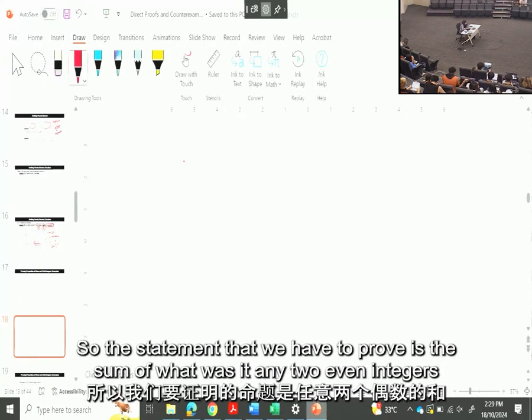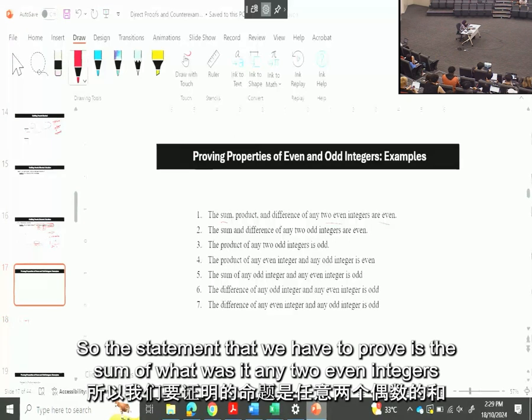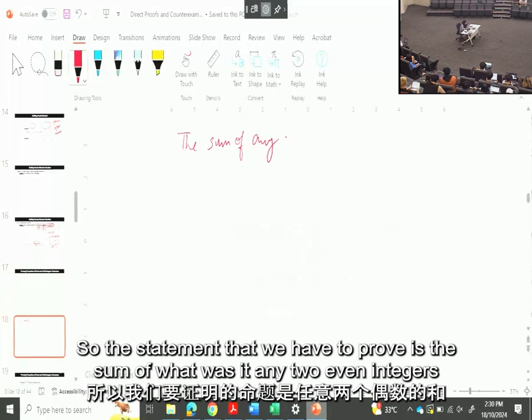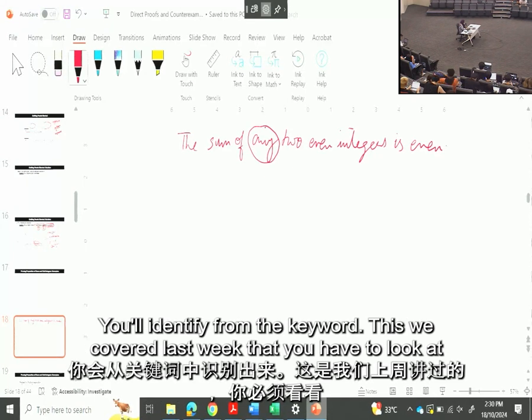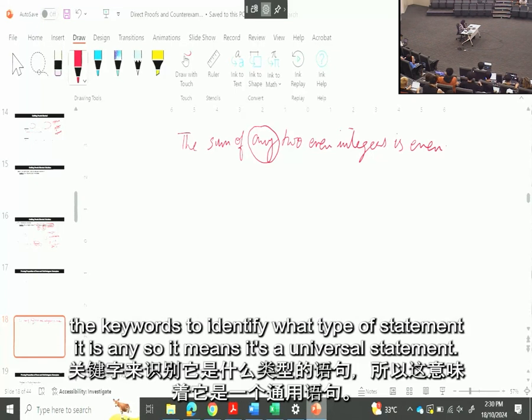The statement that we have to prove is: the sum of any two even integers is even. First, try to restate it in the form of the type of quantified statement it is. You identify it from the keyword. This we covered last week, that you have to look at the keywords to identify what type of statement it is. Any means it's a universal statement.